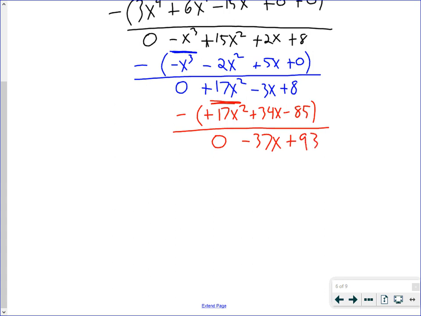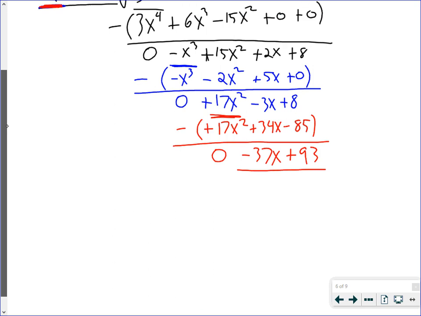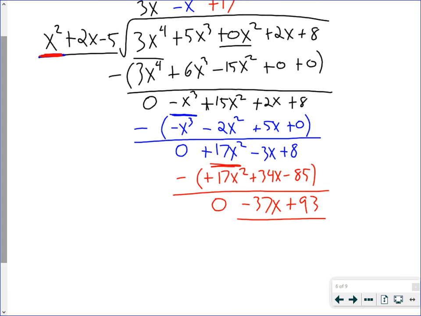Okay? And now we need to see how many times does x squared go into negative 37x. So we have this positive x squared. How many times does it go into negative 37x? There really is no whole number, really any number that you can multiply x squared with to give you negative 37x.